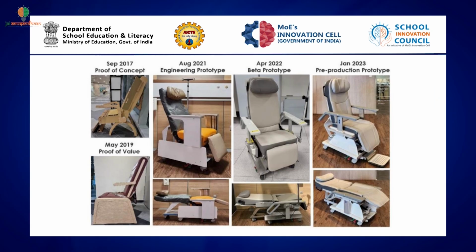Similarly, others have gone through similar journeys where they started with a proof of concept, where they built a medical kind of chair using cardboard, and then slowly with every step they evolved the prototype, added various features, various engineering aspects, comfort related aspects, look and feel related aspects, arriving at the pre-production or almost final prototype.